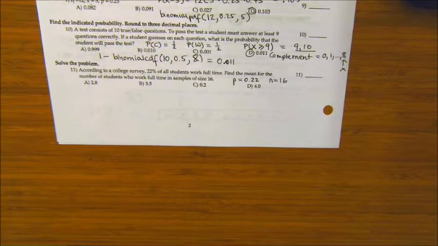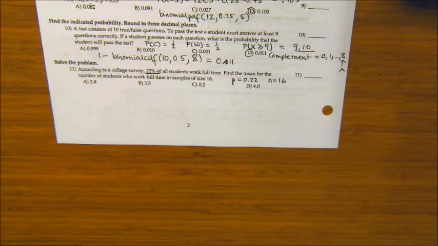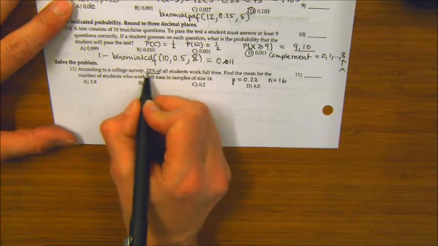Yes, n is 16. Do we have 2 outcomes? Yes, either you work full-time or you don't. Do we have person from person independent? Yes. Is the probability the same from person to person? Yes, that's the 22%. So usually when you see a question with a percentage like that, it's very likely a binomial probability distribution. So look for that.